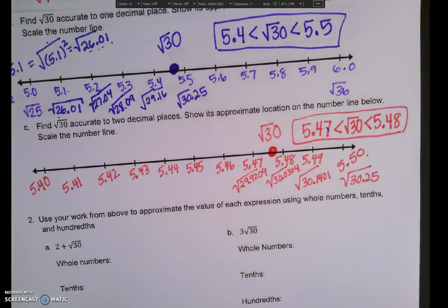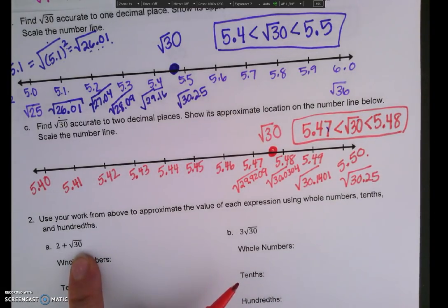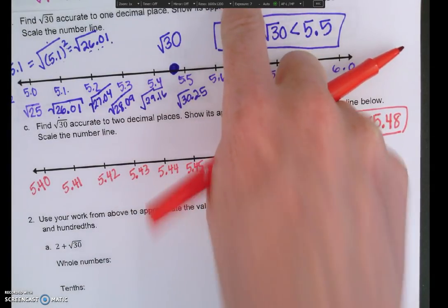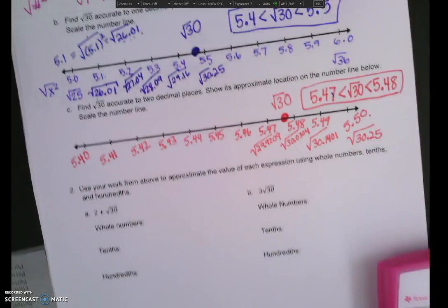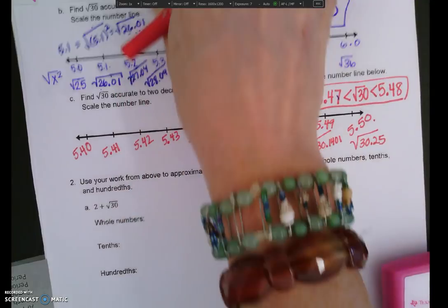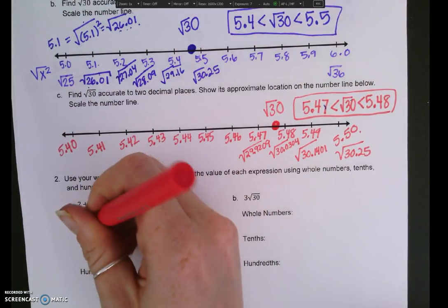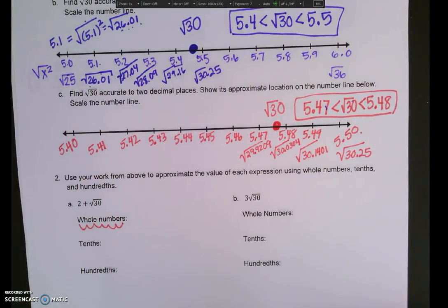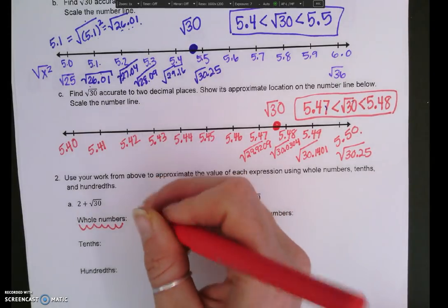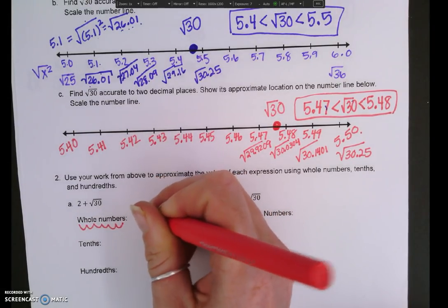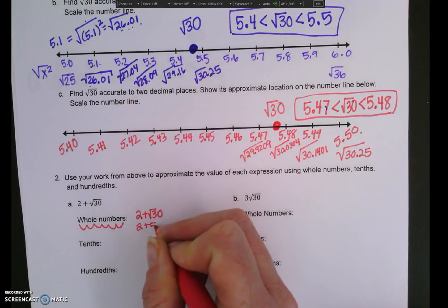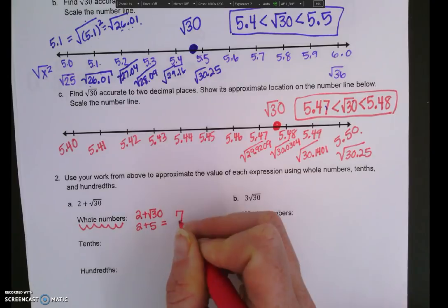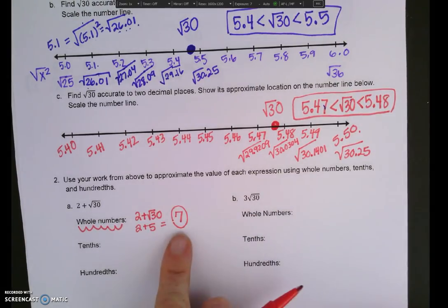So if I look at whole numbers, radical 30, we said, is about 5. It's closer to 5. So if I want to approximate using whole numbers 2 plus radical 30, I'm going to use my whole number approximation of radical 30 and substitute that in. So for whole numbers, 2 plus radical 30, 2 plus 5 is 7. So my whole number approximation is 7.